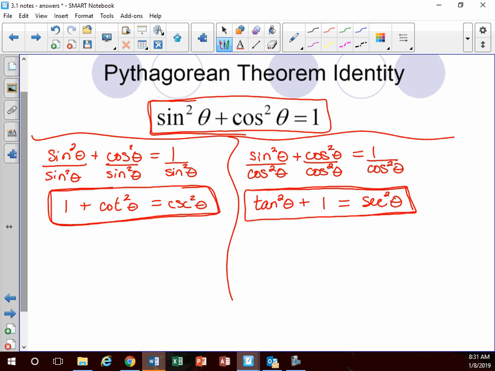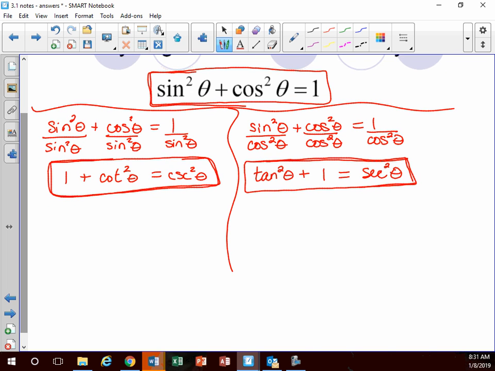Okay. We can also move things around. So let's look at, like, the one we just wrote. What if I wanted it to be tangent squared theta equals? Like, how would I get the tangent squared by itself? Subtract 1. So I know tangent squared equals secant squared minus 1.